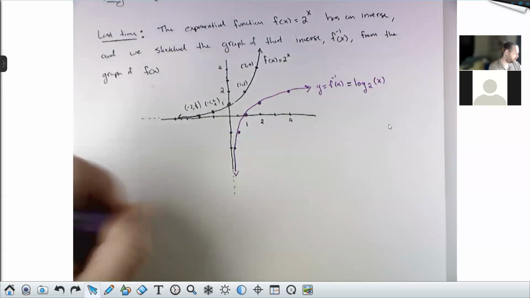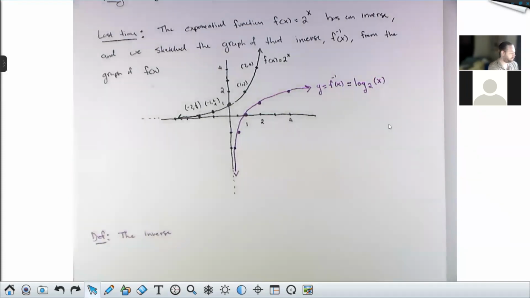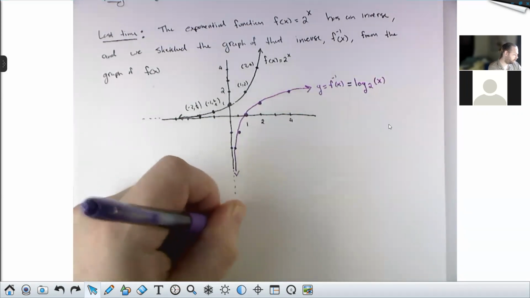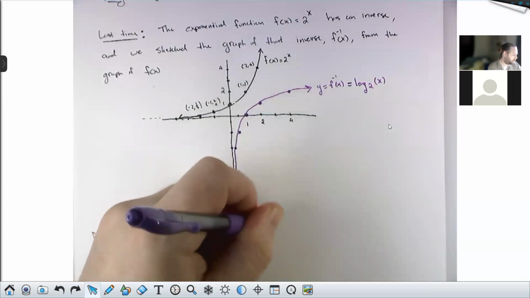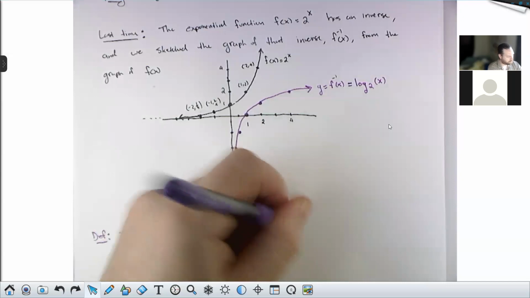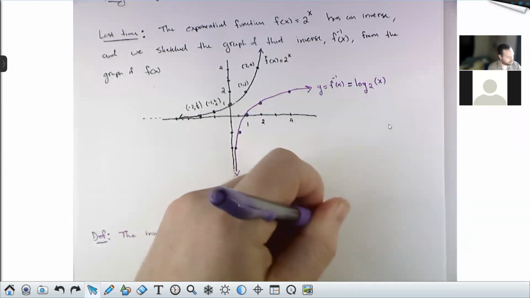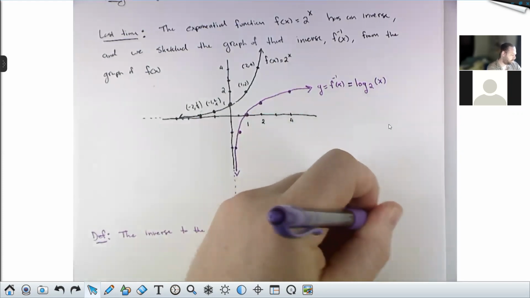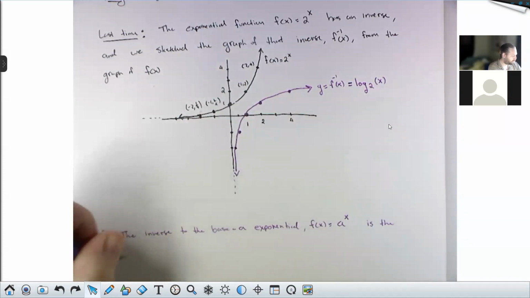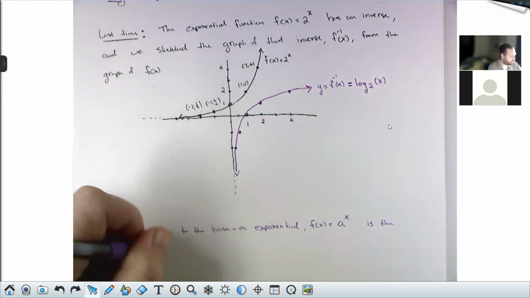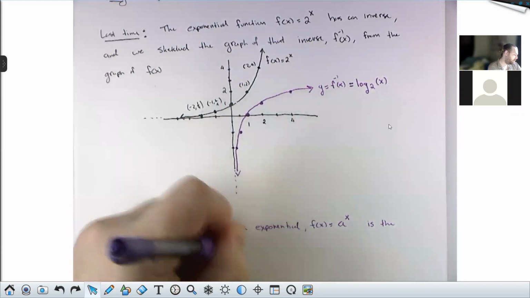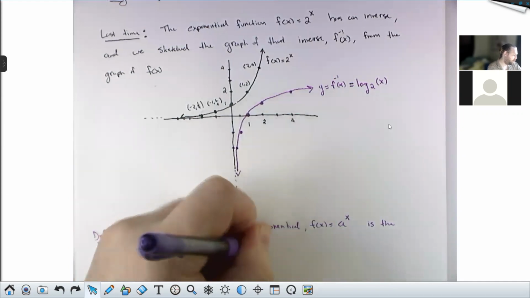The inverse, and I'll give it in general, to the base a exponential f of x equals a to the x is the base a logarithm, f inverse of x equals log sub a of x.